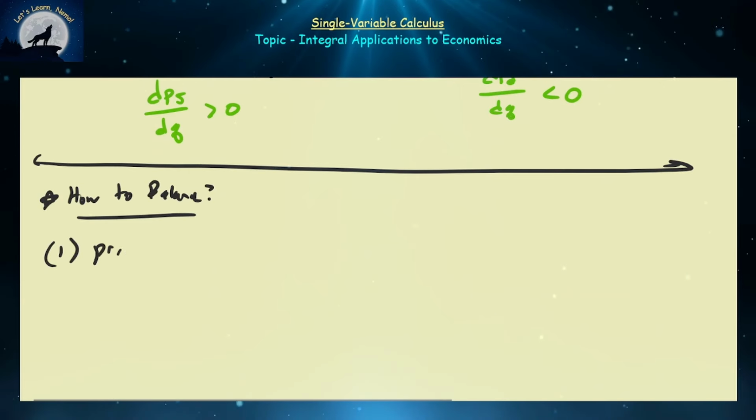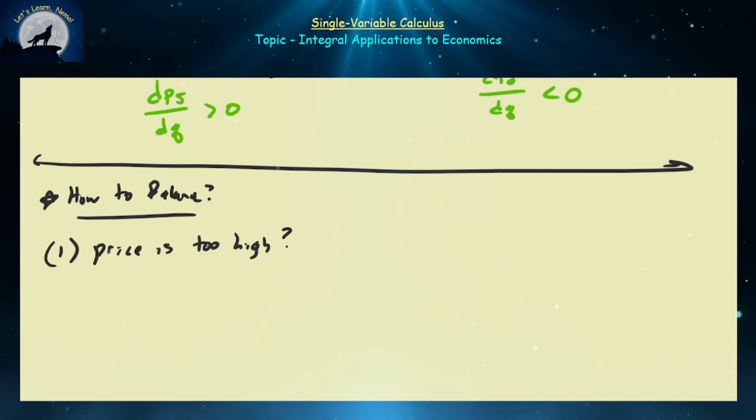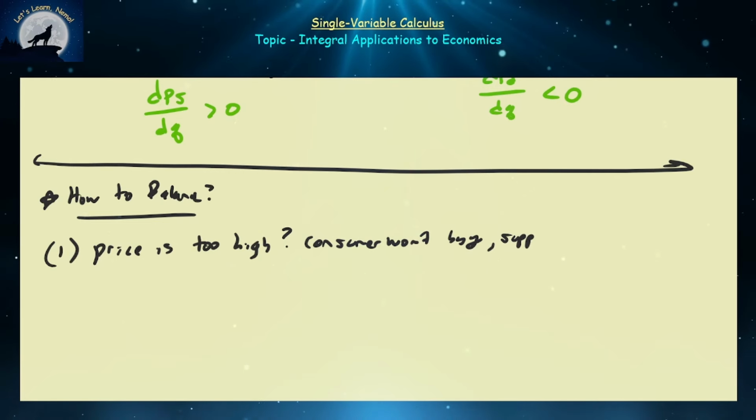Well, if the price is too high, what kind of issues will you have? Well, obviously the consumer will not buy any quantities, and therefore, when the consumer doesn't buy the things that producers make, obviously the suppliers have what we call a surplus.